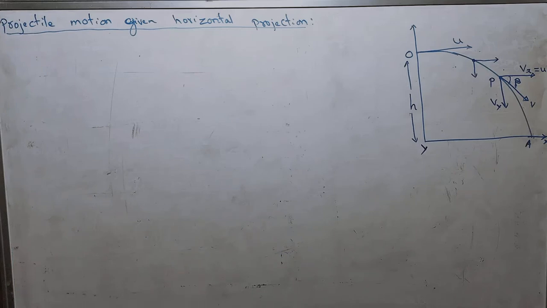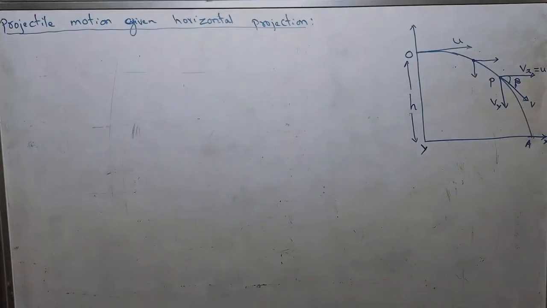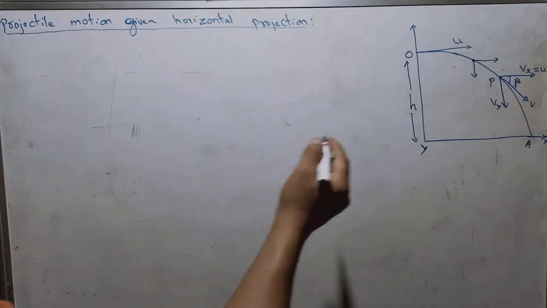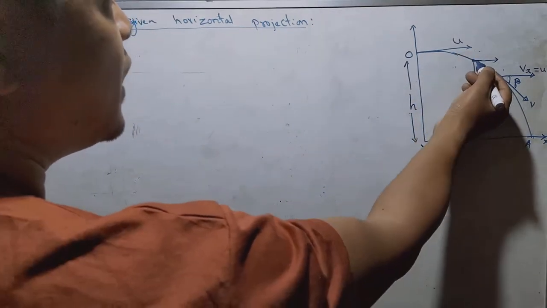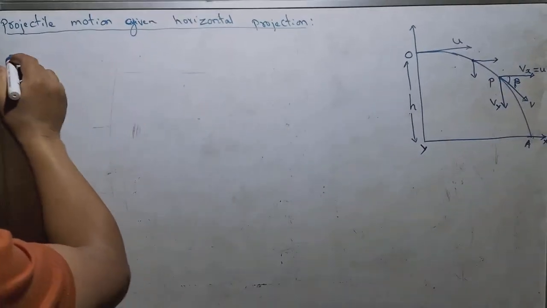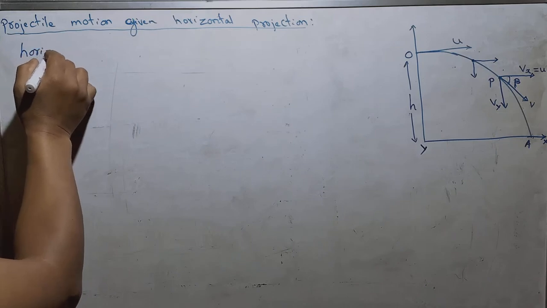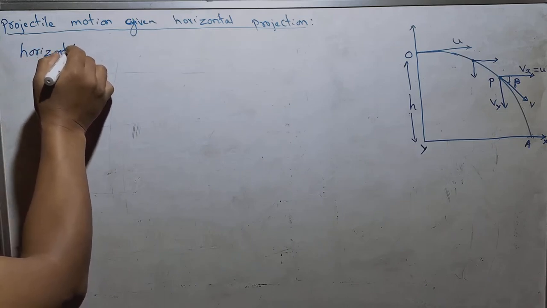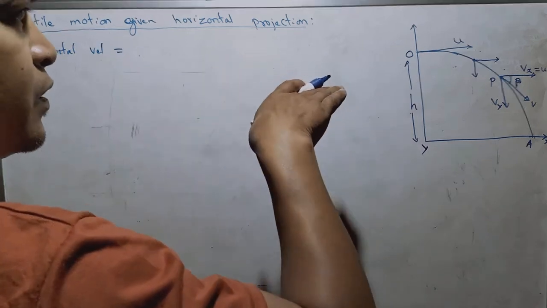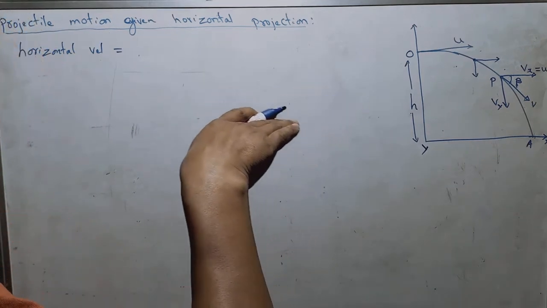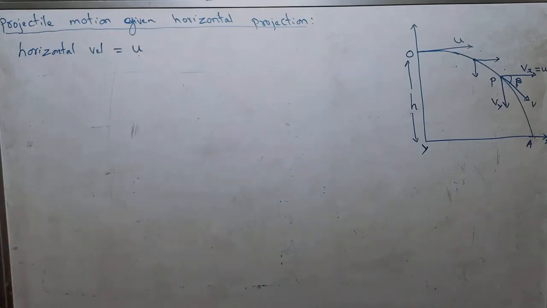Now at any point along the path of the body, the horizontal component of velocity is always equal to the velocity with which you projected the body from the start, that is, it is always equal to u.